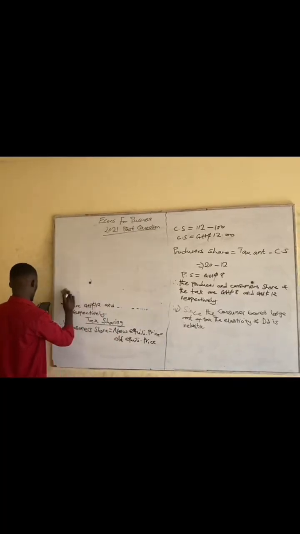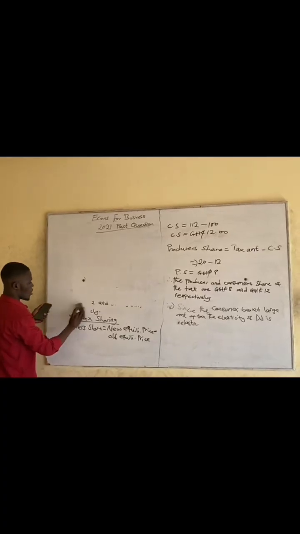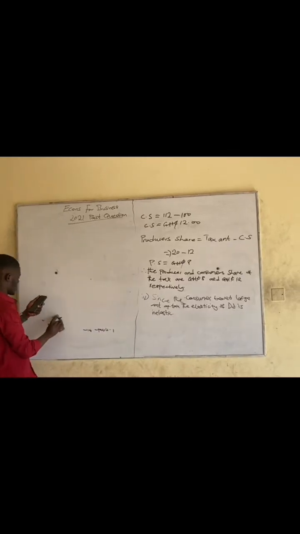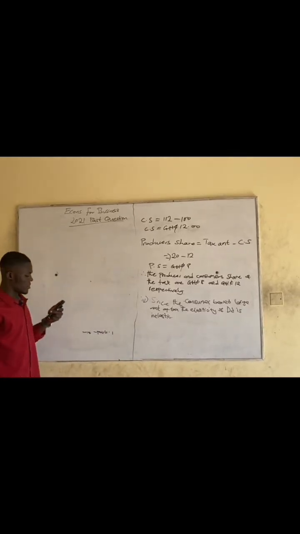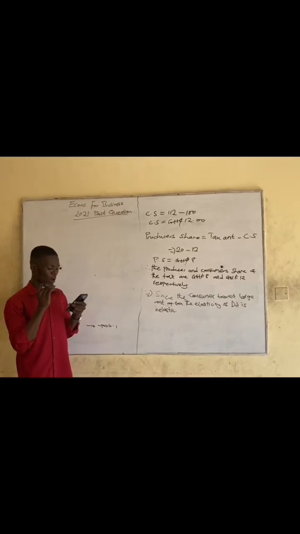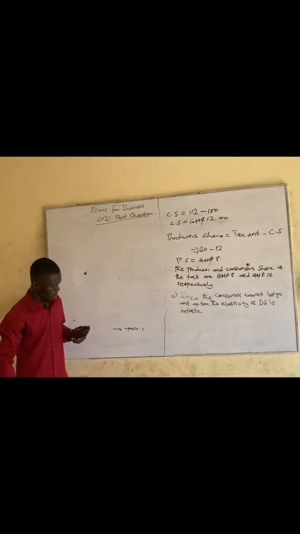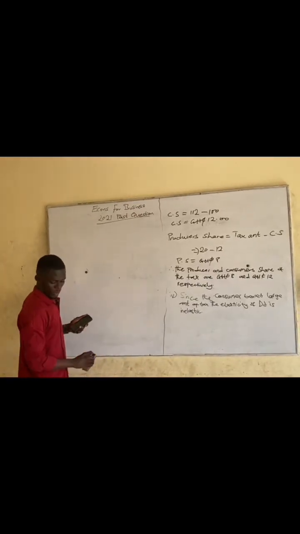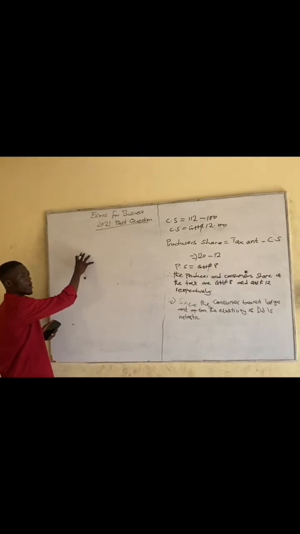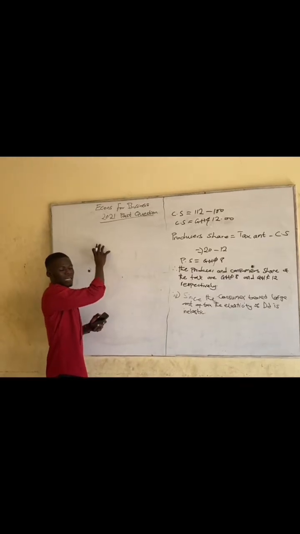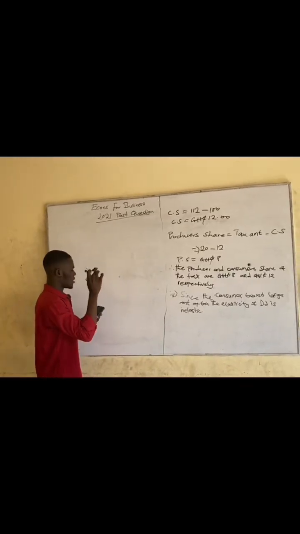So here it says, calculate how much revenue the district assembly of Saboba would generate from the imposition of the tax on kin. Okay, so here we are going to look at how much the district assembly will generate from the tax they imposed.